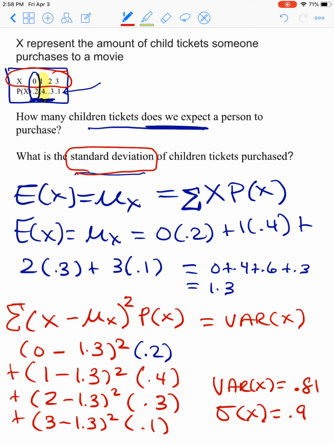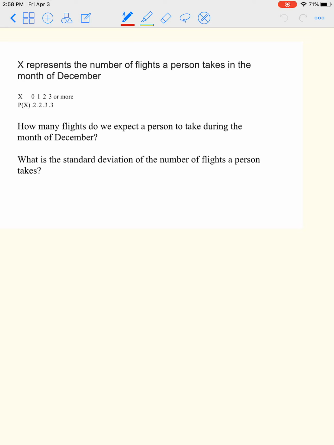Let's try one more example. In this example that I created, I just said, let X represent the number of flights a person takes in the month of December. And once again, here is your probability distribution table. And I said either a person is classified as taking 0 flights, 1 flight, 2 flights, or 3 or more.